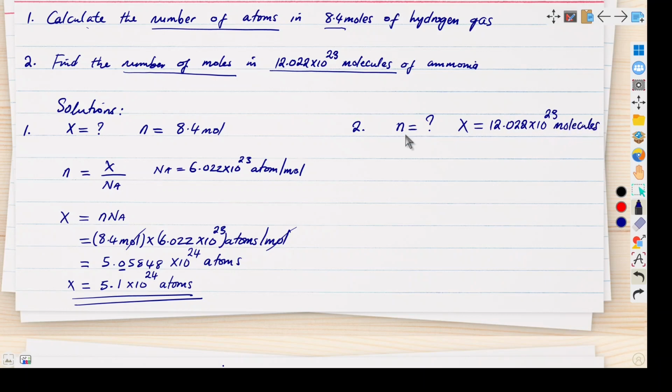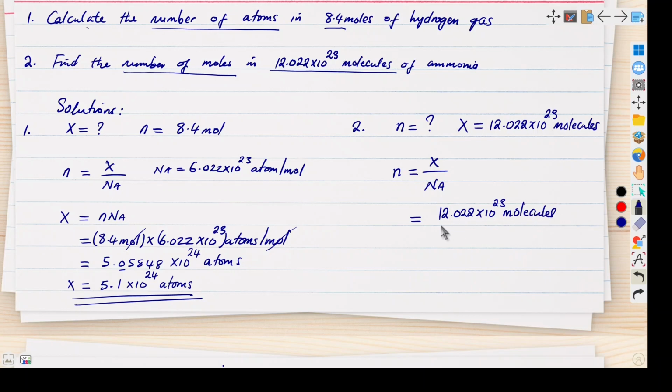So we'll get the formula. The formula will be n is equal to x over Na. Then what we are going to do here is to substitute. So say equals, where there is x, we'll put 12.022 times 10 to the power 23 molecules.